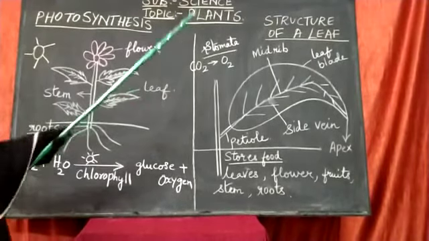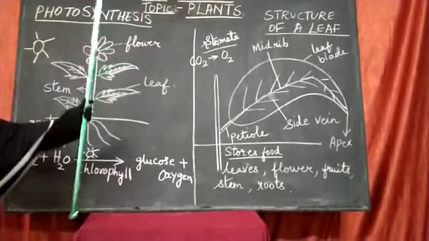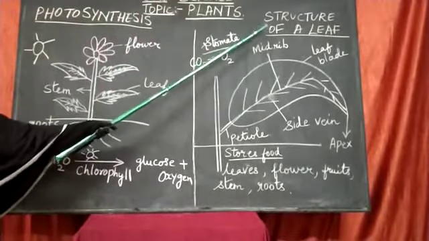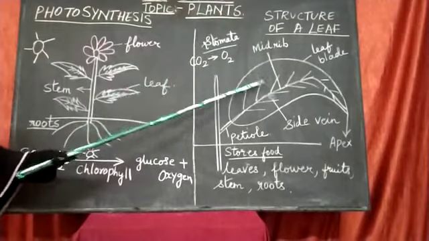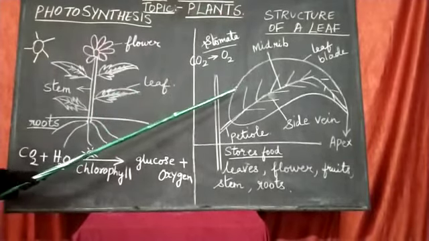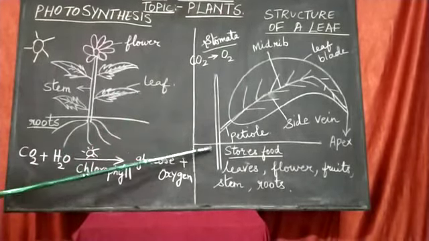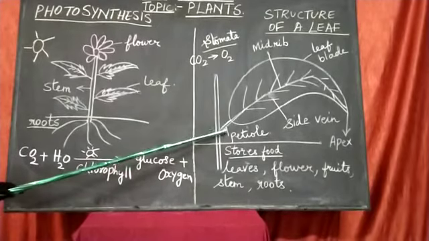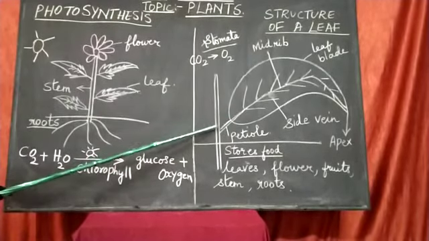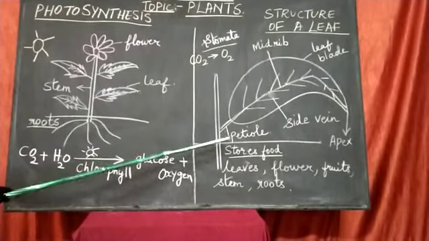Now we will come to know about the structure of a leaf, that is, the different parts of a leaf. This is the stem and connected to the stem is the leaf. Now this part of the leaf is known as the petiole.